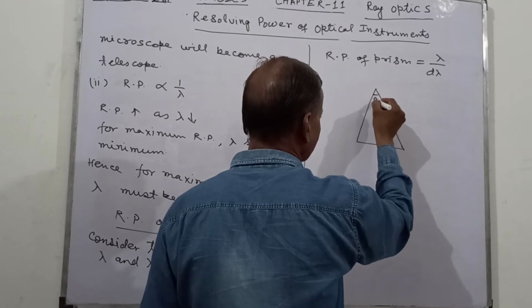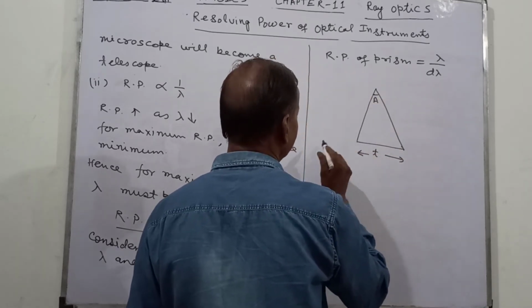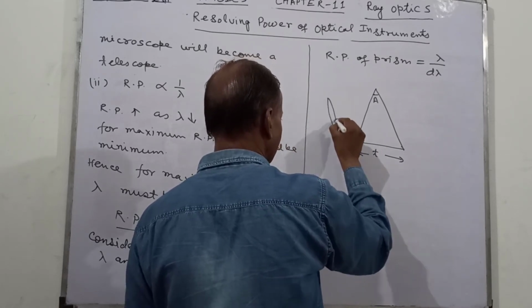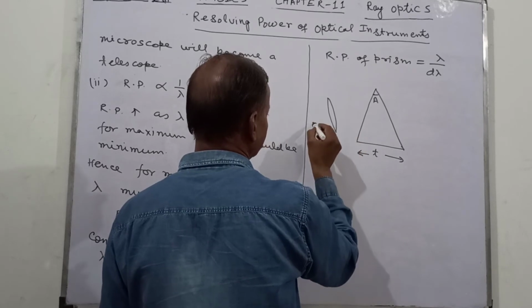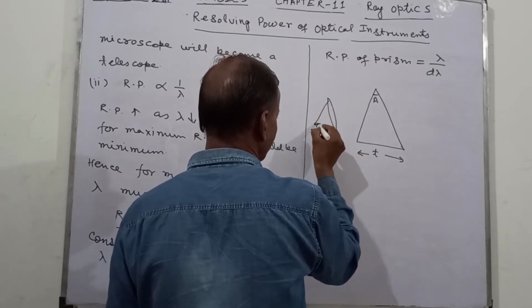This is A, this is the base, width of the base T, this is the objective lens, this is a point object P here, the light rays will be like this.